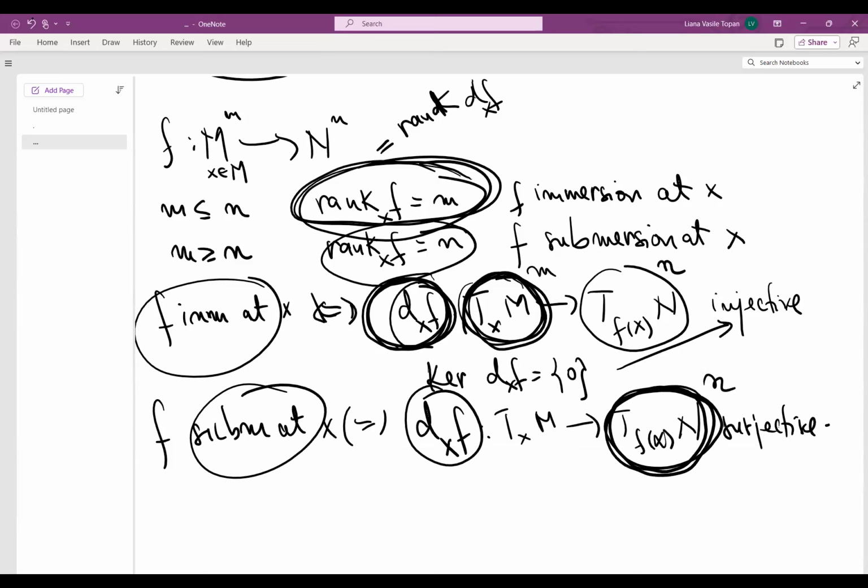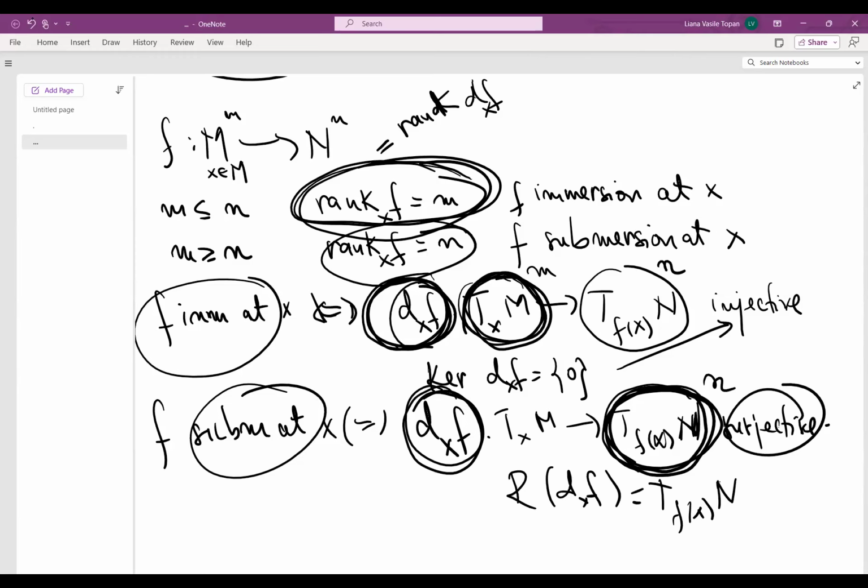So the range of the differential is a subspace of the same dimension as the space itself, so it must be the same. The range of the differential is the whole space, but this means precisely that the differential is surjective.